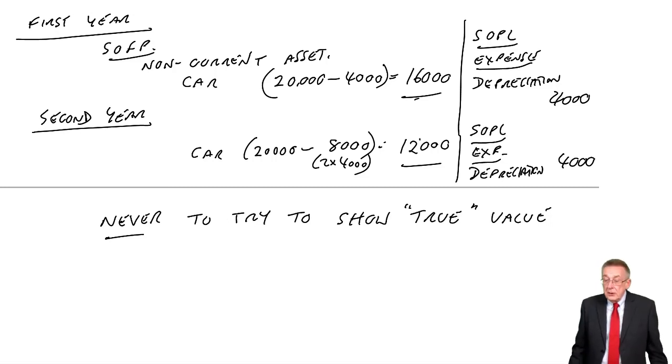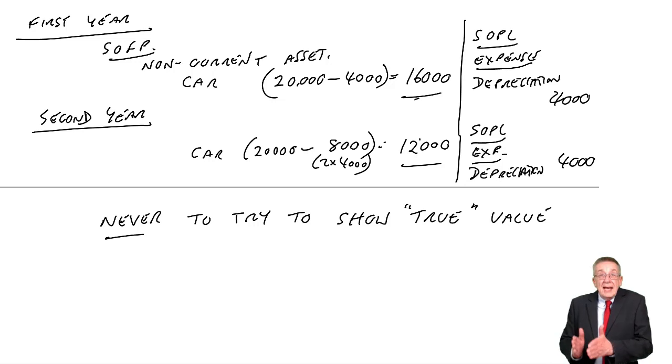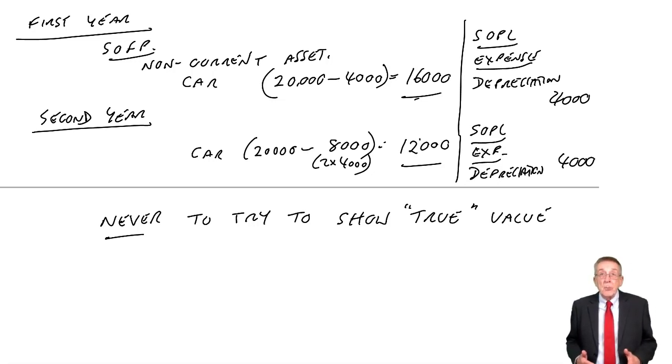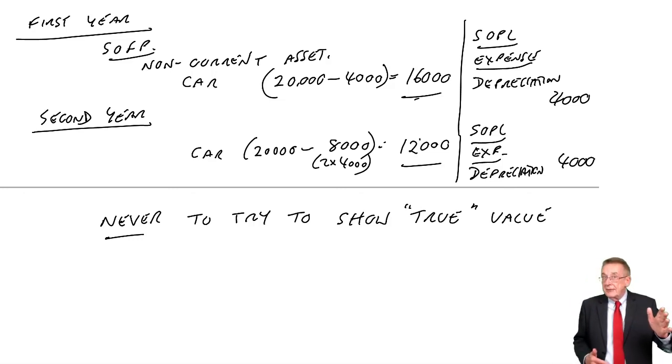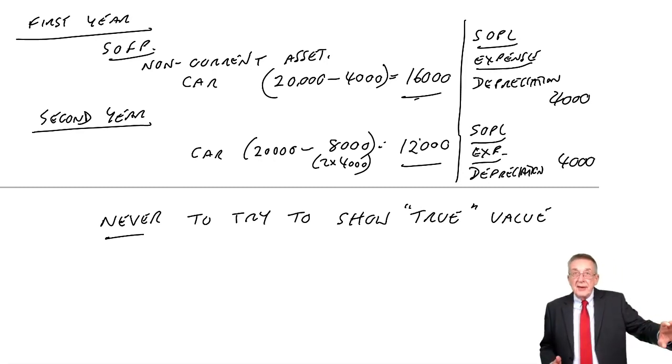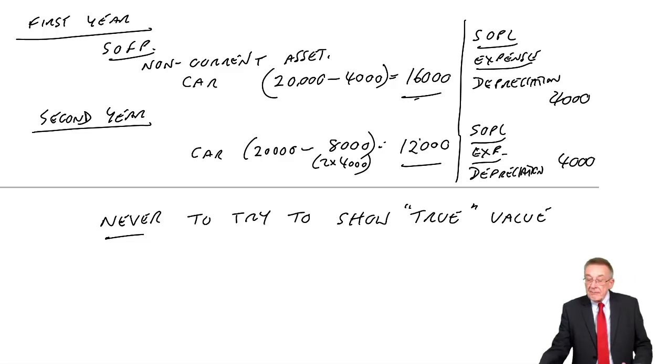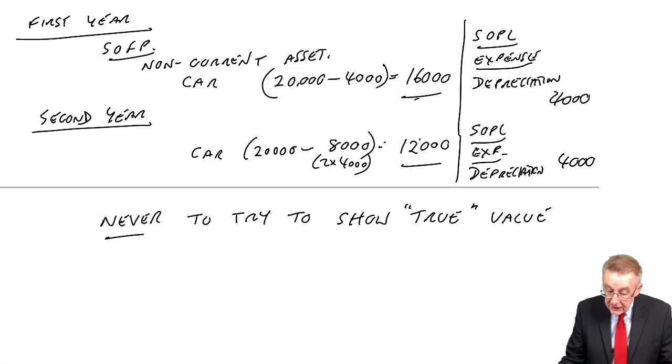It would be ludicrous. And so, because it's an asset we're going to keep, it is costing me 20,000, but we spread the expense over its life. It's costing me 20, but since I think it'll last 5 years, effectively, there's an expense of 4,000 a year using up the car. And that's the reason we do this.